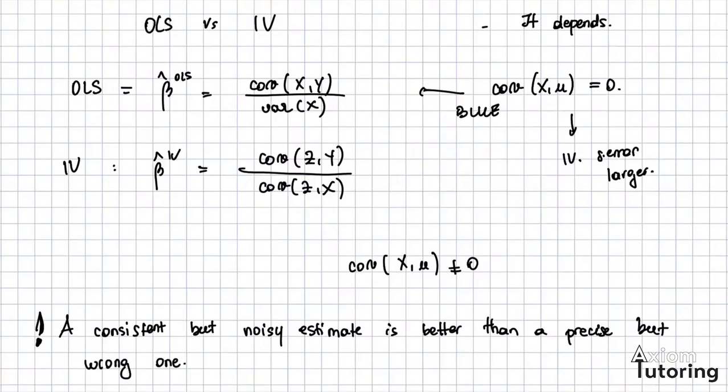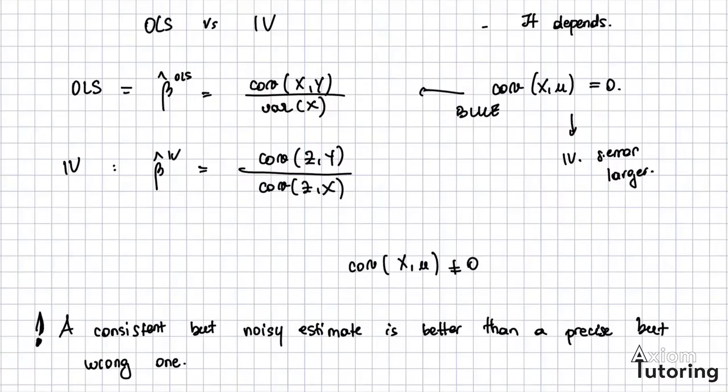What is precision for if you've got the wrong estimate to begin with, ultimately? Precision is worthless if the estimate is systematically wrong. Consistency, which means getting the right answer on average as the sample grows, is the more important property when endogeneity is present.